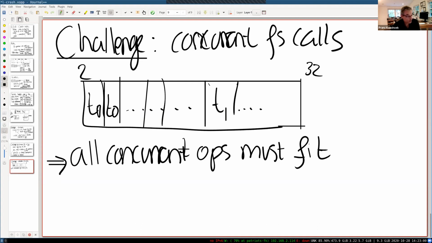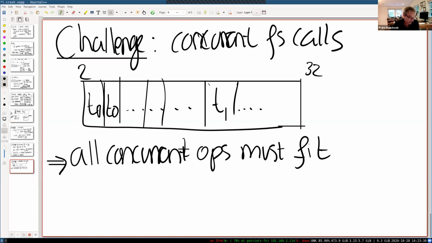We have a file system call starting, and we have to arrange that we do sort of an entrance check. Before we let the file system operation go, we must check whether there are still enough blocks. If we have n file system operations already in progress, we have to make sure that if we allow one more to start, the total number of blocks they could write together actually fits in the log.